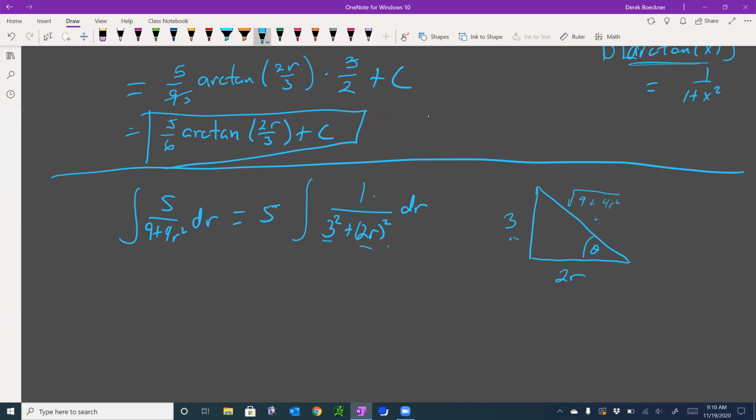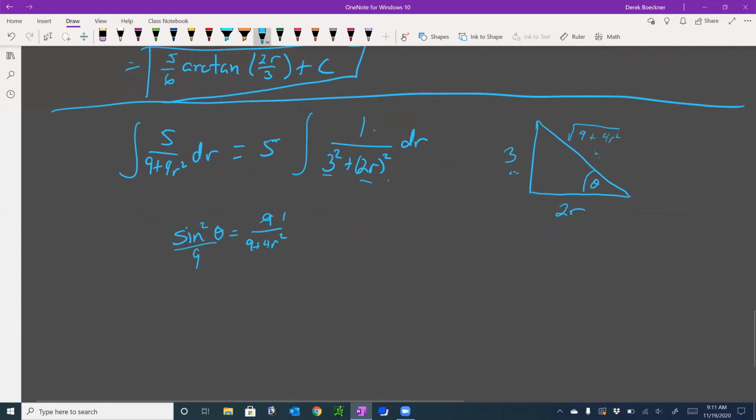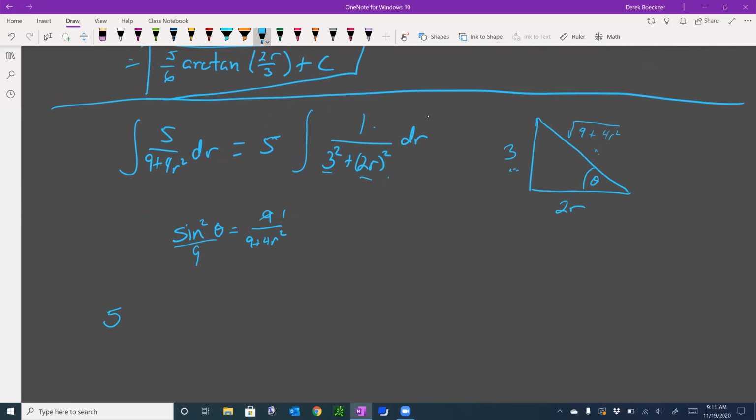So I know that sine squared of theta is equal to 9 over 9 plus 4r squared. And so I can find that in here, right? If I just want the 1 over, I'll put the 9 down there, and then I can get that substitution. So I have 5 times the integral of sine squared theta over 9 dr so far.